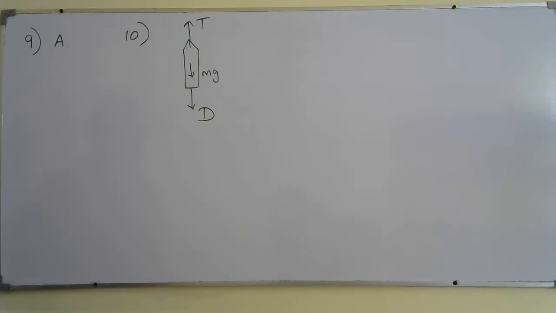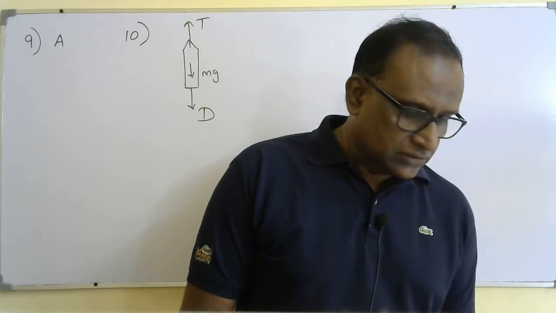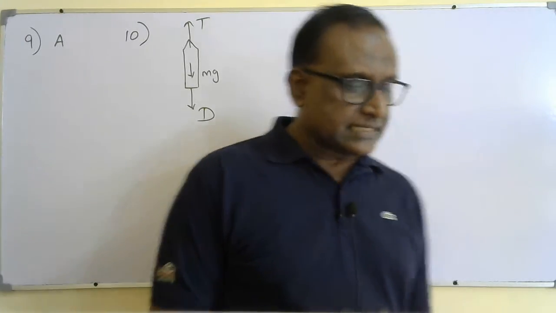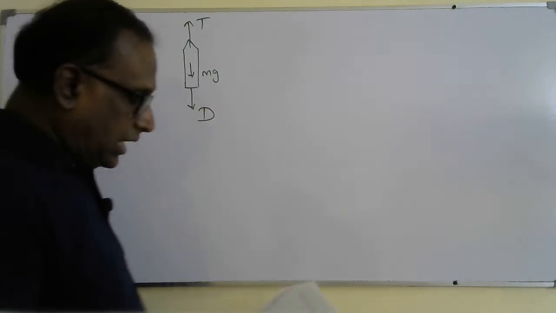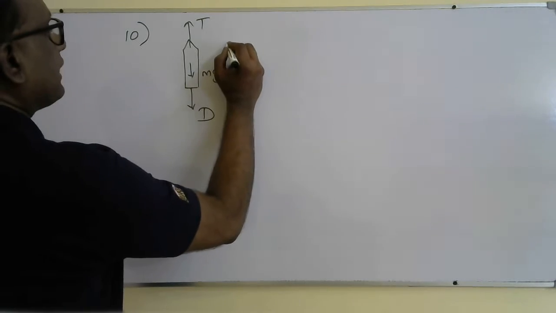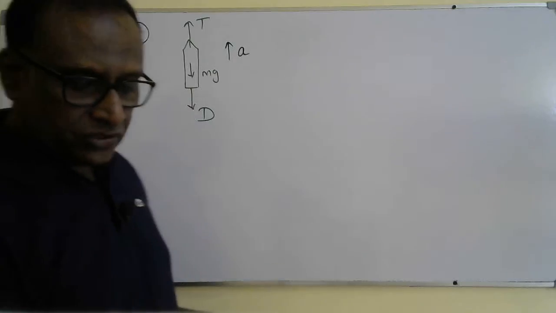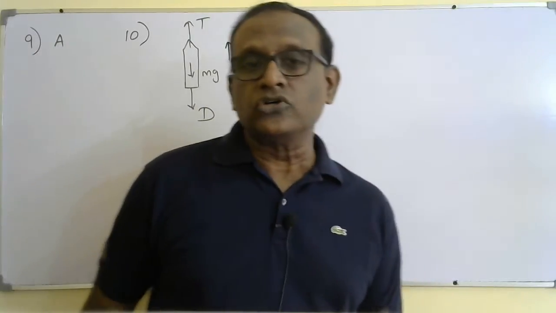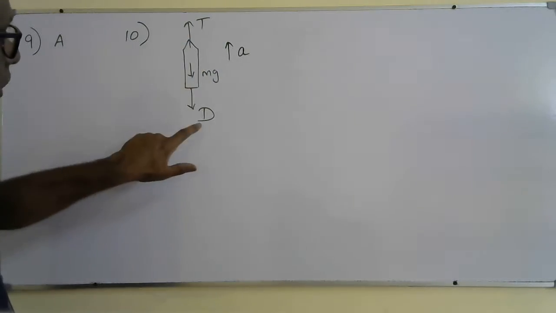So we need to find D. D is the drag force. Thrust T is upward, this is the weight, and this is the drag force D. Its acceleration is also given as a, so the rocket is accelerating upwards at a. Using Newton's second law, we think about the resultant force acting on it. There are three forces: T upwards, mg down, D down.